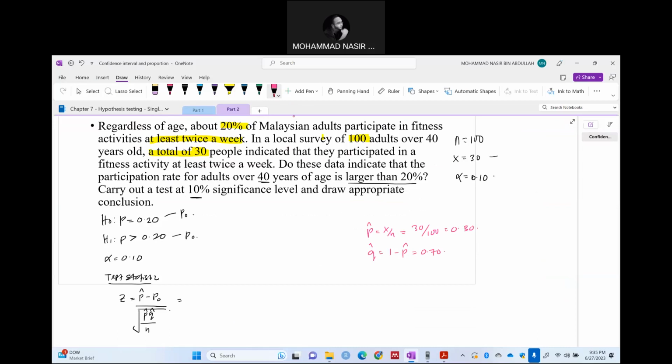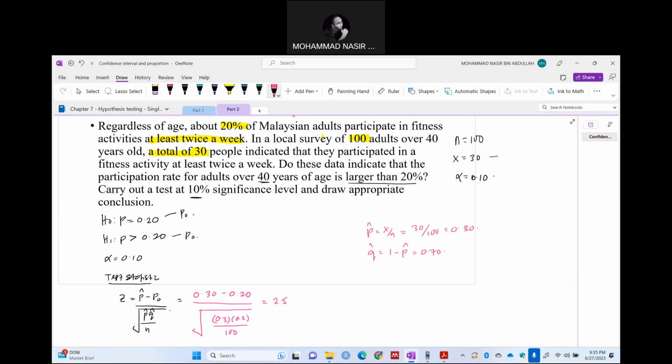Okay, understand? So this is 0.30 minus 0.20, divided by the square root of 0.3 multiplied by 0.7 divided by 100. So this is going to be 2.5. So the next procedures are the same as previous.